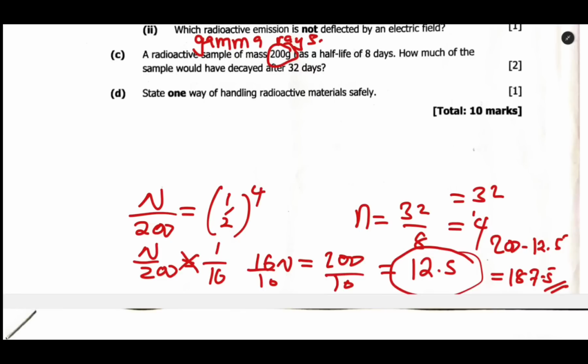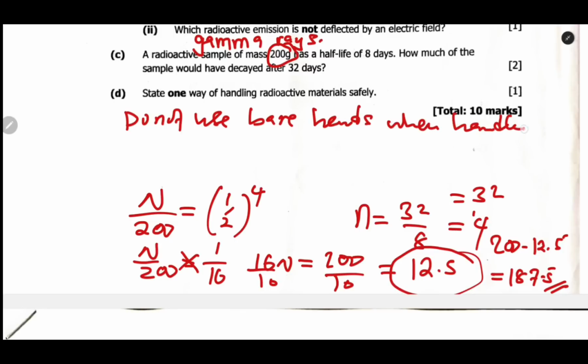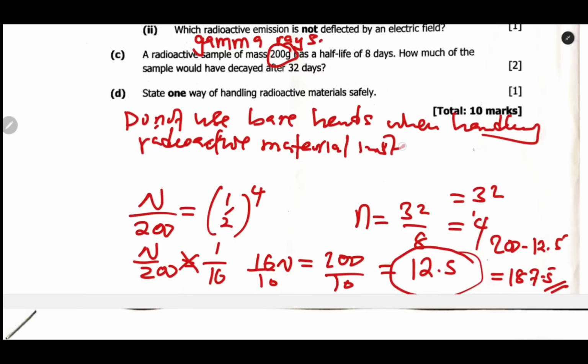So one way is that you do not use bare hands when handling these radioactive materials. Instead, use what we call tongs.